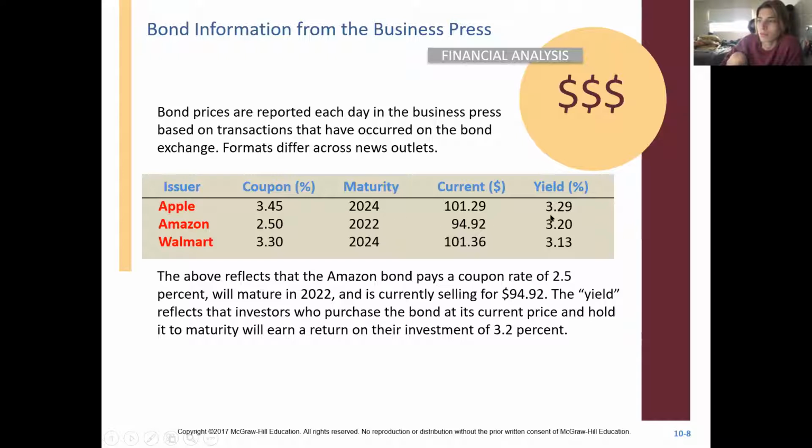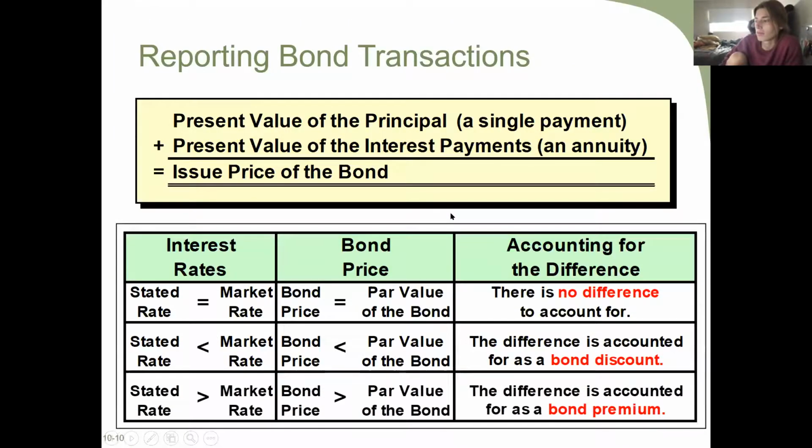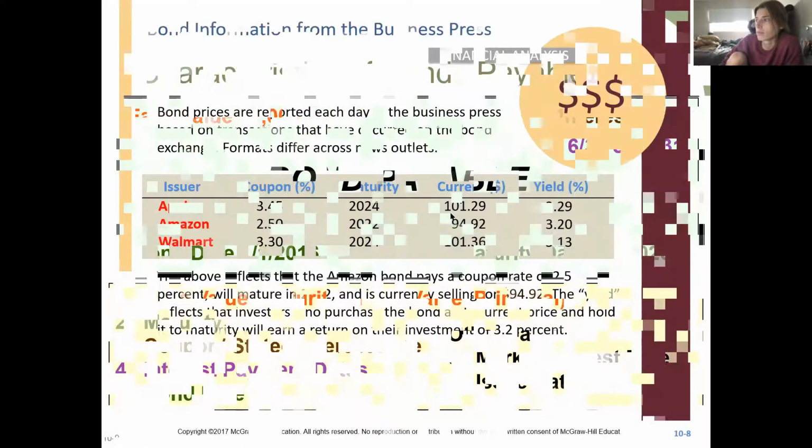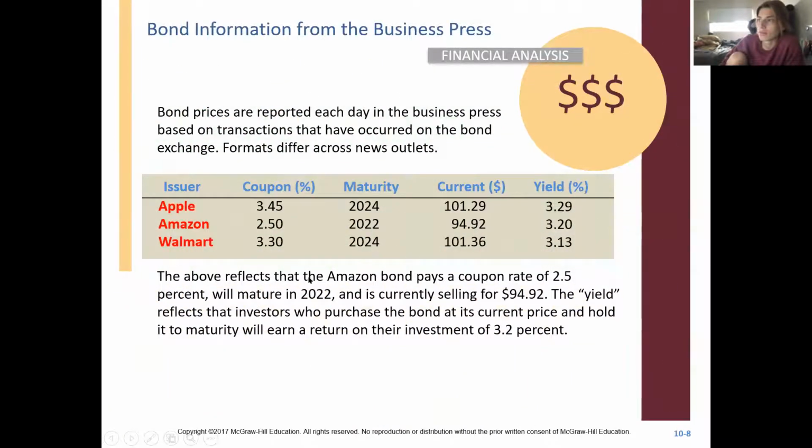But look at the market rate. The market rate is lower. We are paying more than the market rate. So we will sell this $100,000 bond at a premium. We will get $101,290 from the public. Same thing here. Look at this one. $3.30.